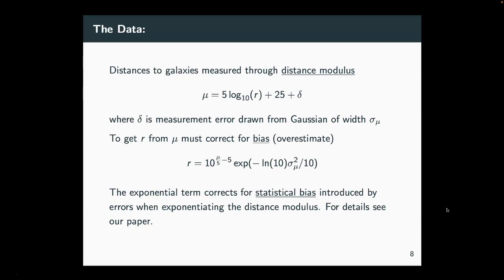And so I've come up with this method of correcting for this overcompensation. You can just multiply it by this exponential where you put the width of the Gaussian distribution, the size of the uncertainties, in there, and this corrects for it and makes sure that, on average, the radius is centered on the true radius.